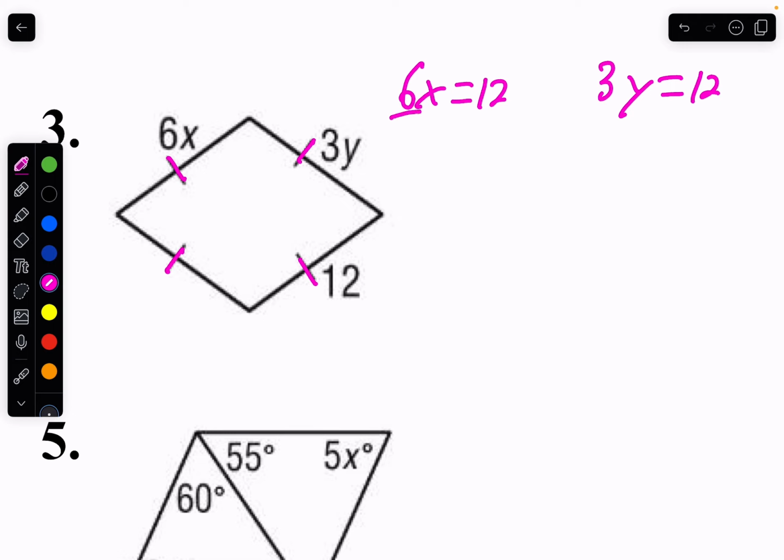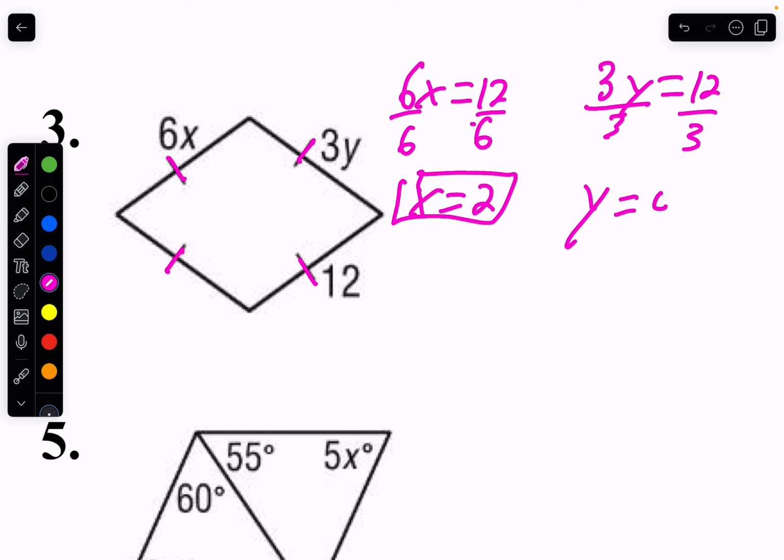You do a little bit of algebra. That's the end of the geometry right there. You just do a little bit of algebra. You divide by 6, you divide by 6, x equals 2. You're done with the x. You divide by 3, you divide by 3, y equals 4, and you're done with this problem.